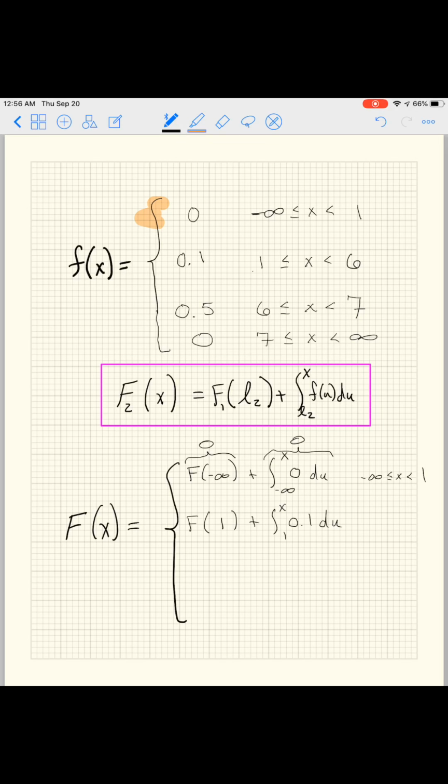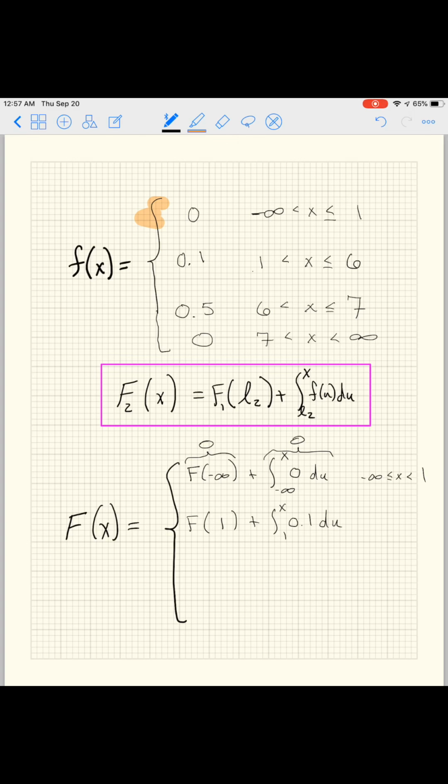And to make this easier to see, because this is continuous and it's equivalent, I can put the equalities on the other side here. So I'm going to say the equalities are that way.